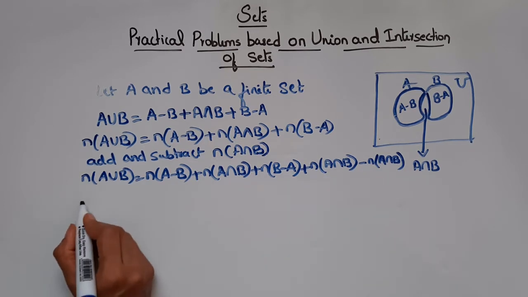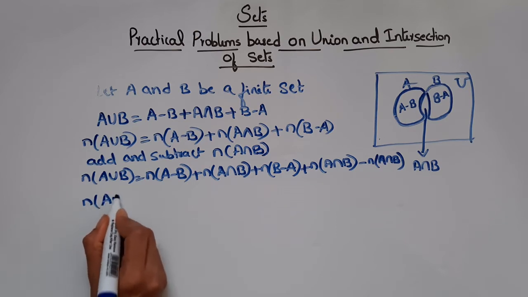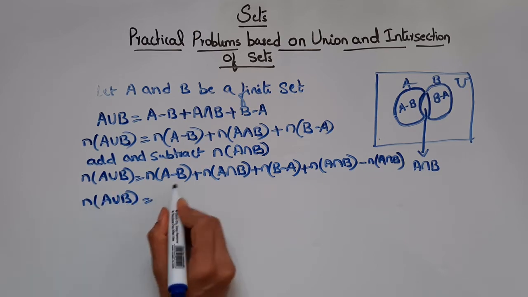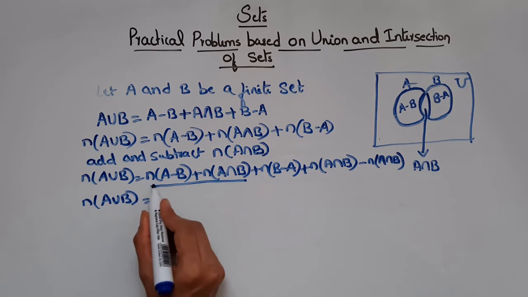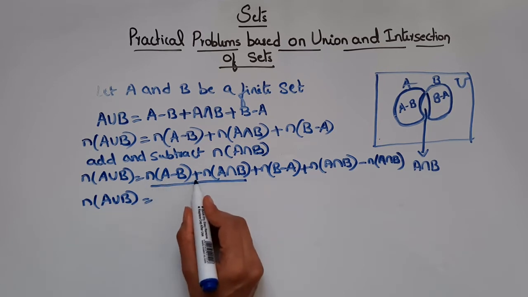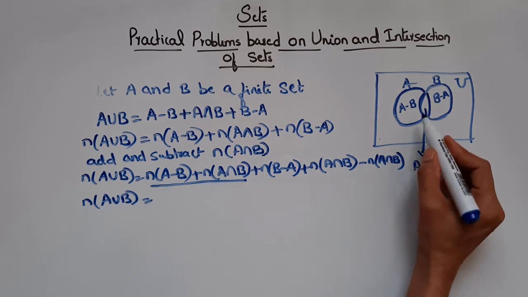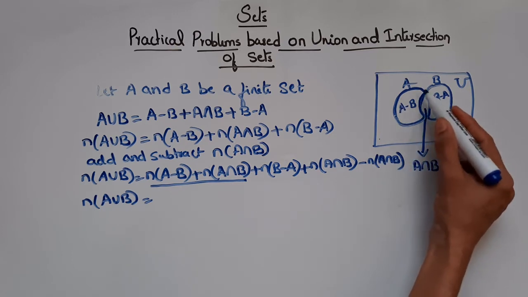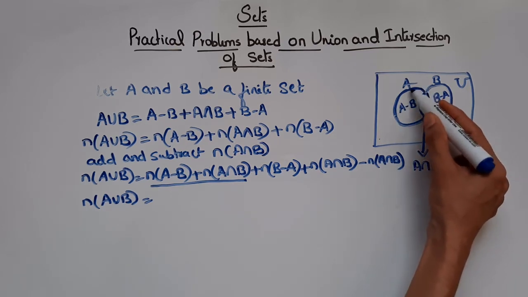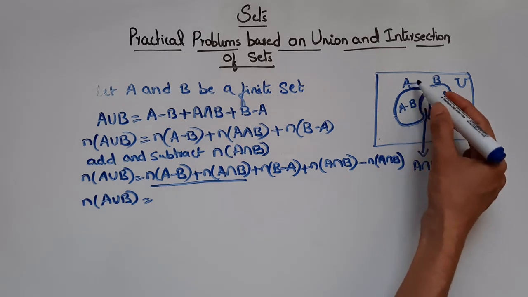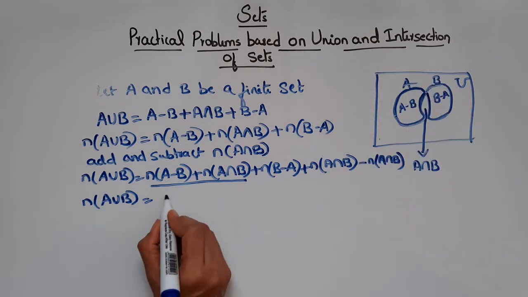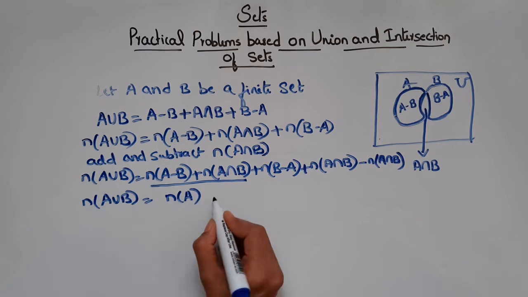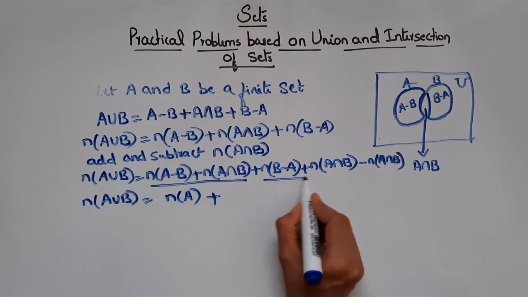So now we have n of A union B is equal to, let's group these two terms. Here we have n of A minus B plus n of A intersection B. So this will give you this whole circle, right? What is this whole circle? This is set A, so the number of terms in A. Similarly, let's group these two terms.